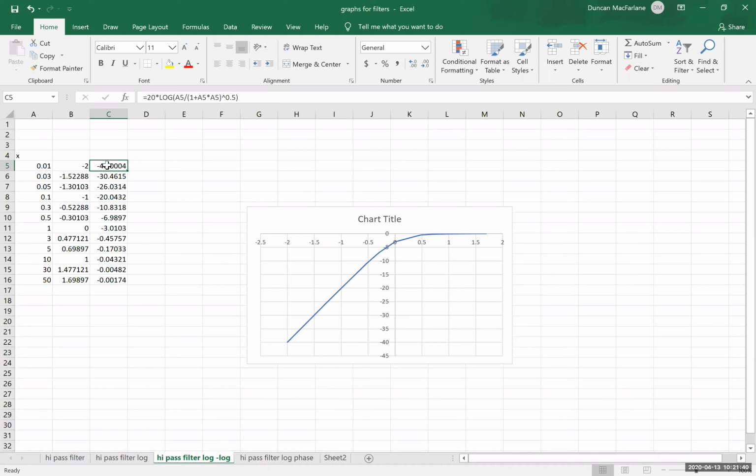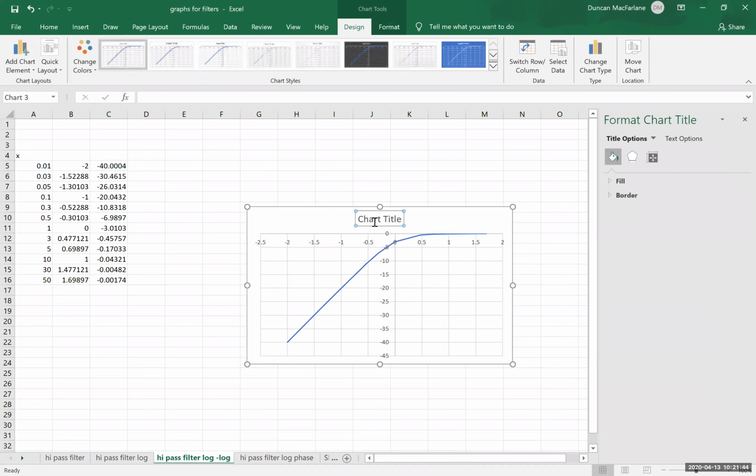And so now what I'm plotting here is a high pass filter, decibels versus the log of frequency.